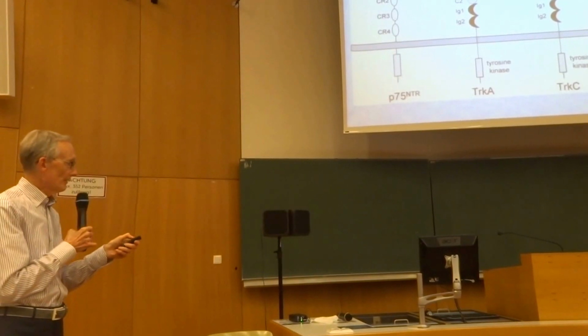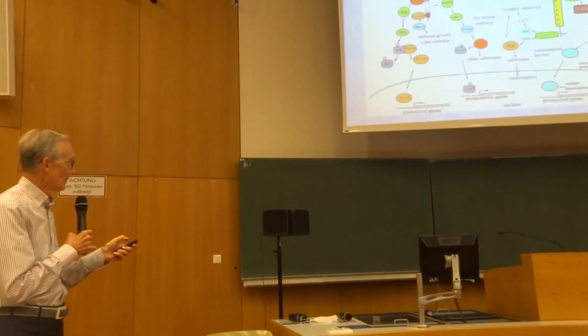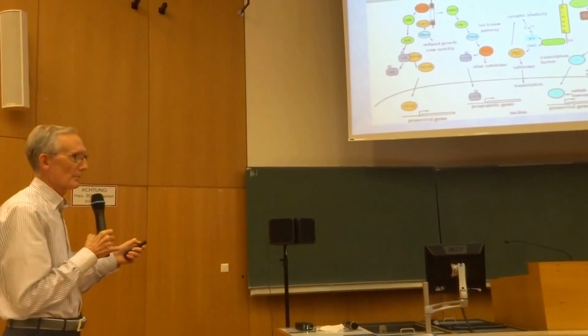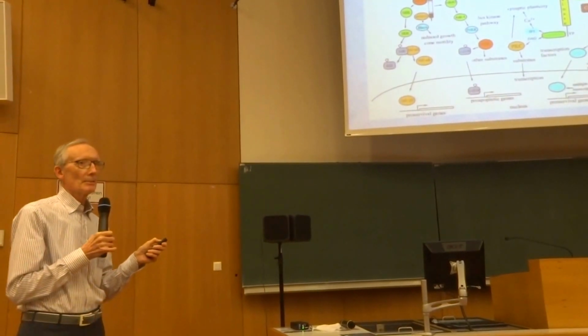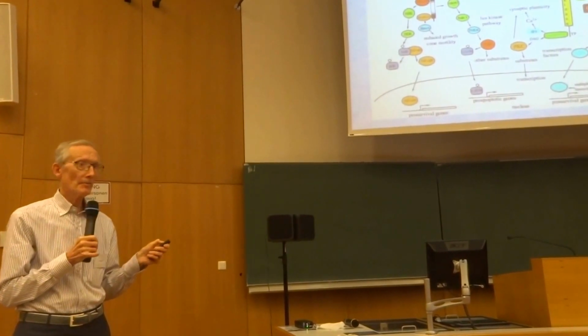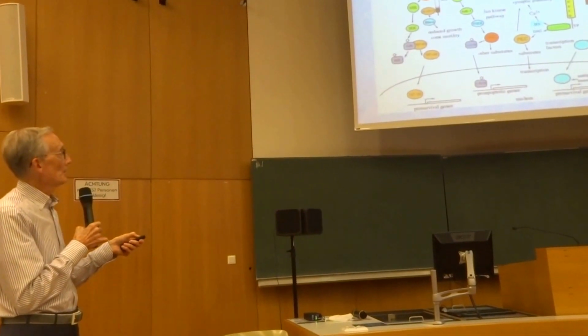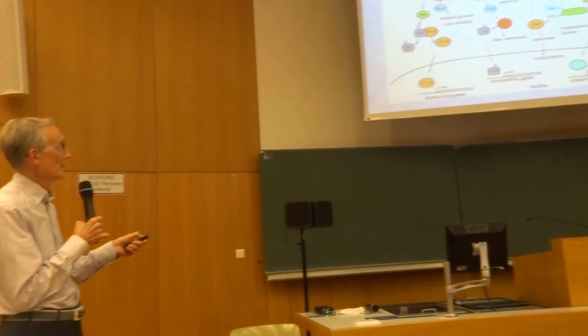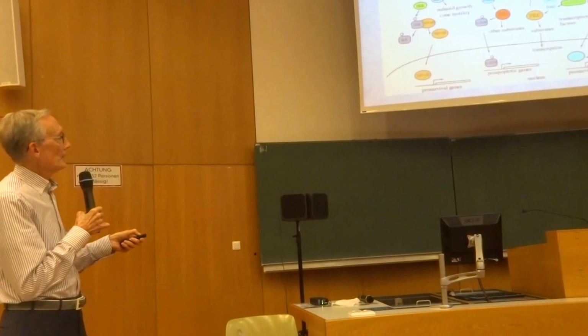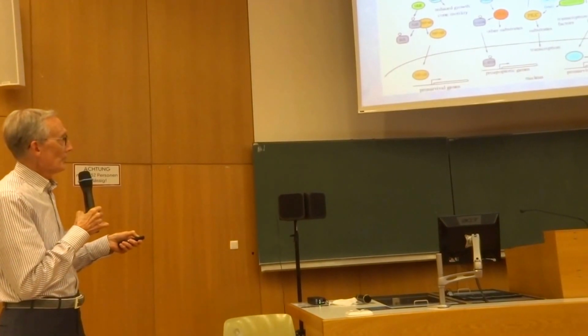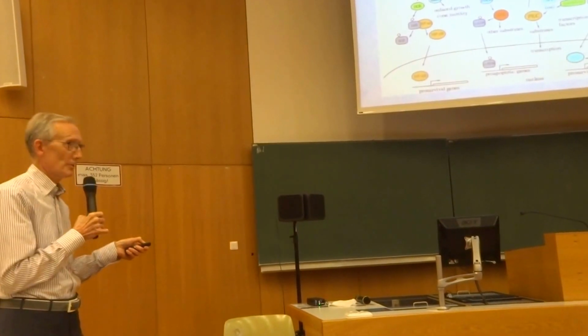And the binding of the Trks requires dimerization. And dimerization, like with other growth factors, FGF and EGF, leads to activation of a signaling cascade, another complex, and induction of gene transcription, genes which are involved in survival and differentiation and outgrowth.